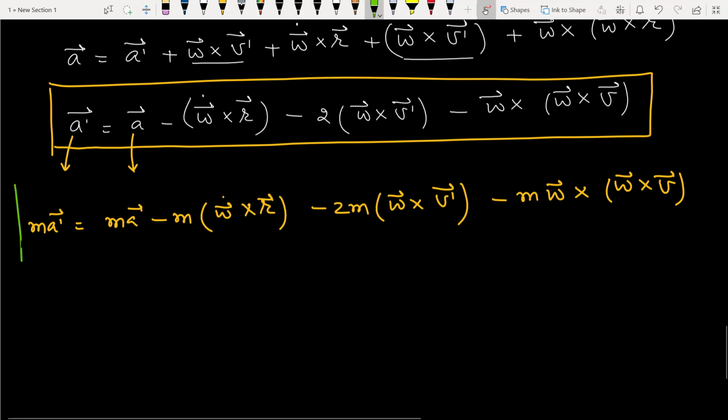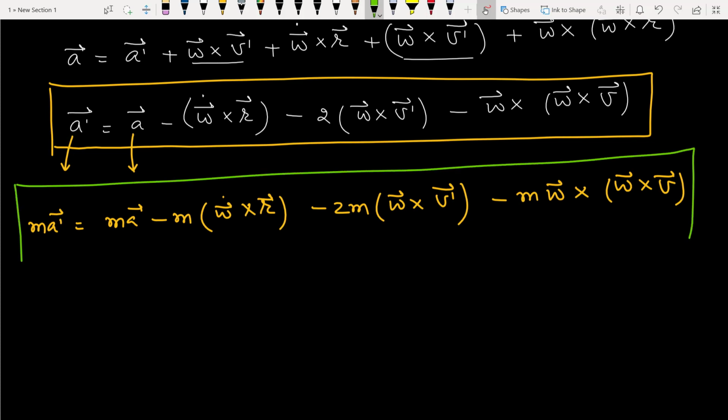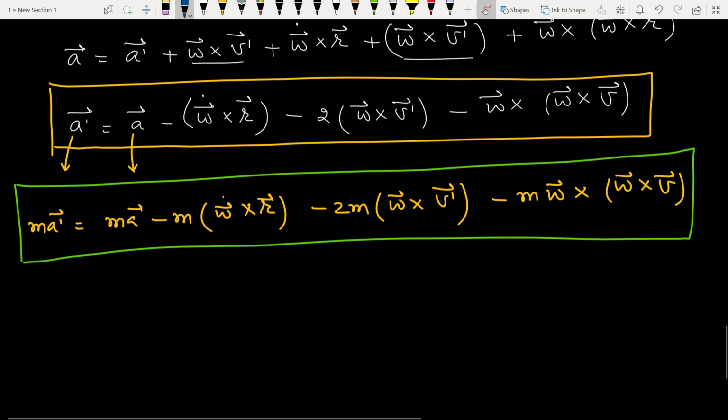So this is the expression for force in S dash frame. So if we apply a force of ma vector in S frame, we get ma dash in S dash frame and additional 3 terms.